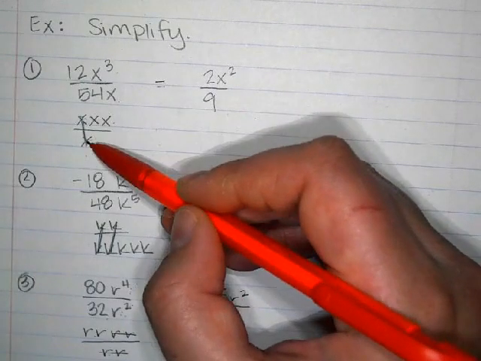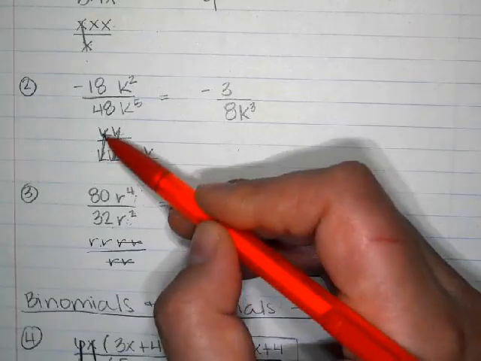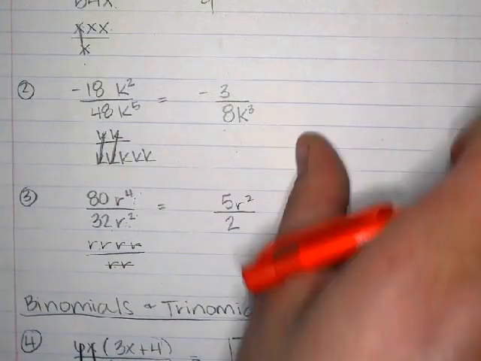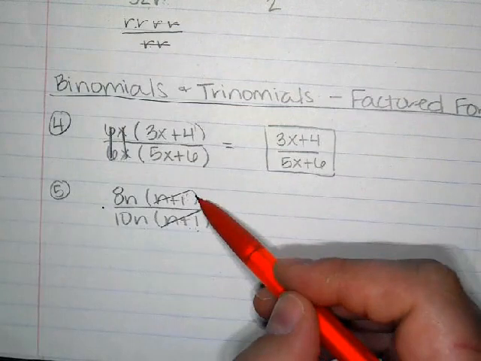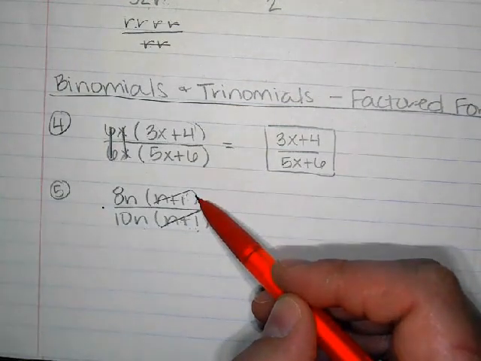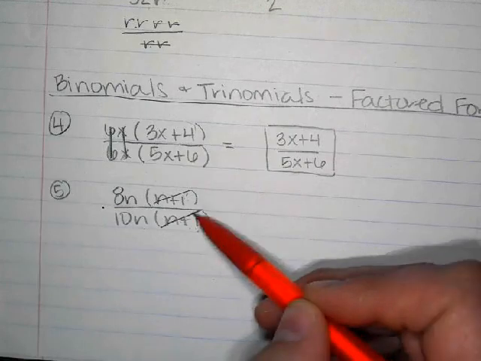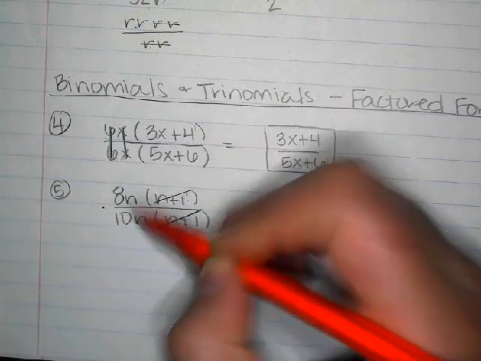Or when we said, oh, the k on the top and the bottom, they cancel each other out. It's exactly the same, except here we have parentheses. So whenever you have parentheses, it has to be the whole parenthesis that is the same as another whole parenthesis. And then that's how you get them to cancel. And then right next to it, we have an n and an n, and those completely cancel out.